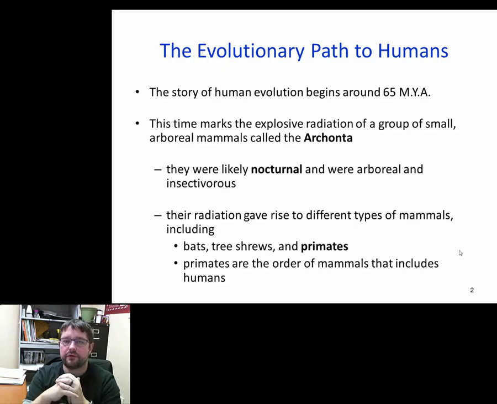Now, we know that this Archonta gave rise to a few different lines. Okay? A line that was the tree shrews, which still exist, okay? And they are mammals without prehensile hands, so they're still arboreal, so they climb, but they walk on all fours. They are insectivorous, okay?